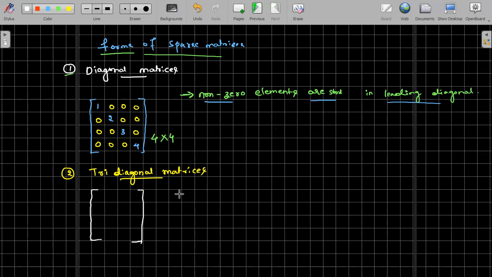So basically I am going to write here: non-zero elements are stored or placed on or below or above the leading diagonal.